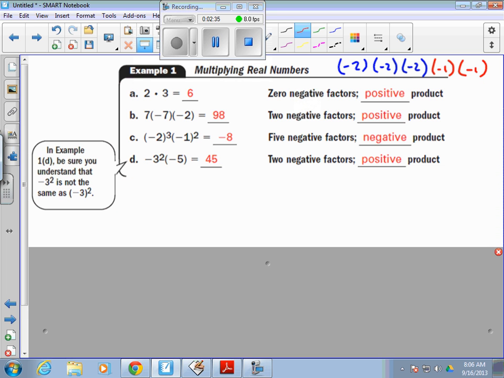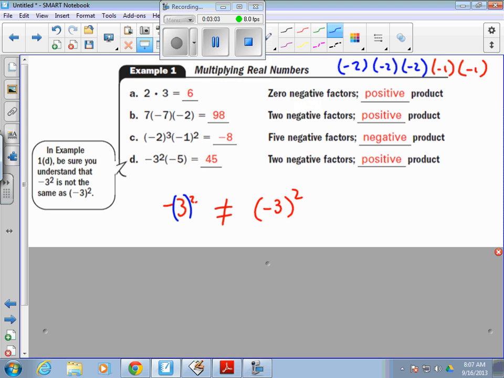D says 2 negative factors is going to make it a positive. Negative 3 squared times negative 5. It says in example 1D, be sure to understand that negative 3 squared is not the same as negative 3 squared in parentheses. This is a very common mistake. The difference is you're only squaring what's right next to the exponent.